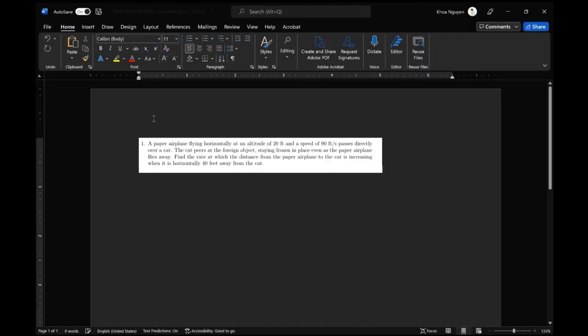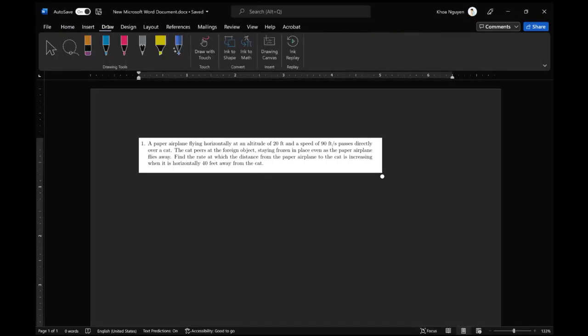So you have a paper airplane, and it is traveling horizontally at an altitude of 20 feet.